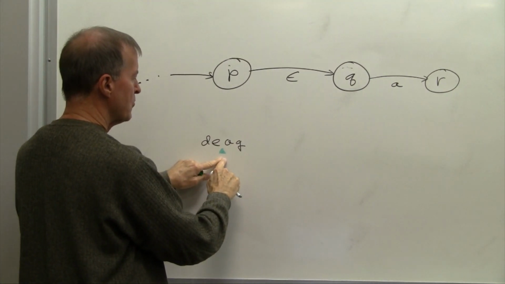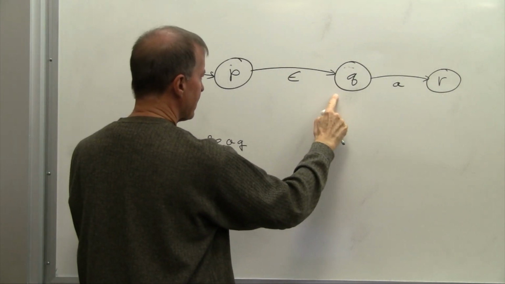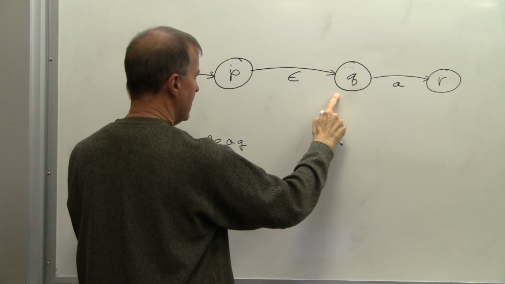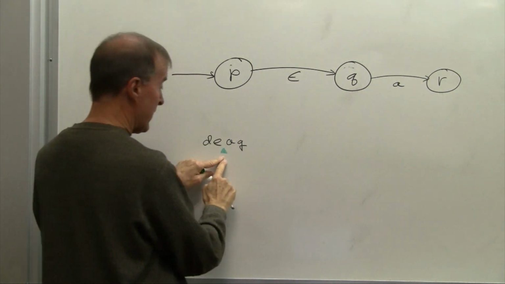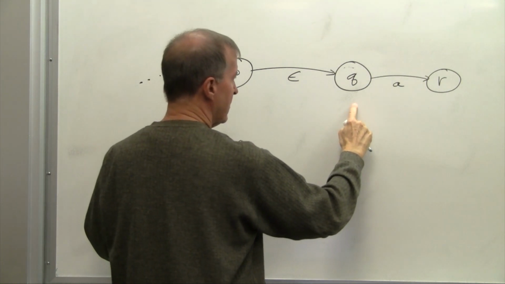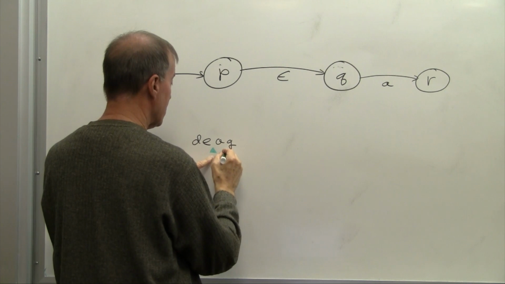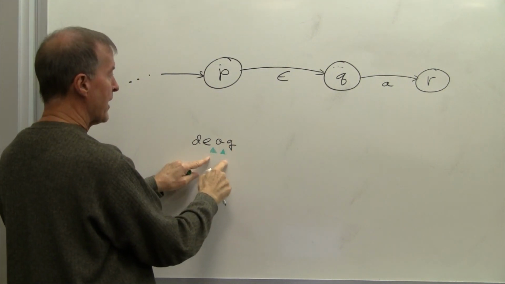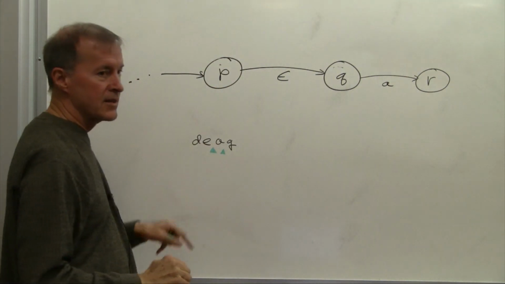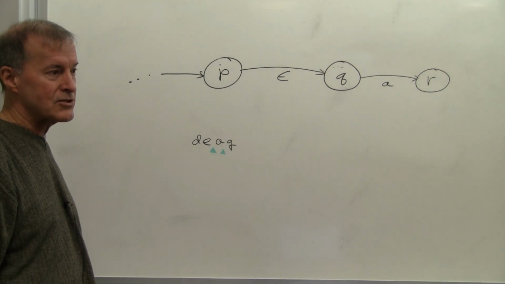We could go from P to Q on the empty transition, and the cursor would not be advanced, and then we would go from Q to R on A. So we could go from here to here by doing the empty transition and then A. Does everybody see that that's the way it could work if we had an empty transition?